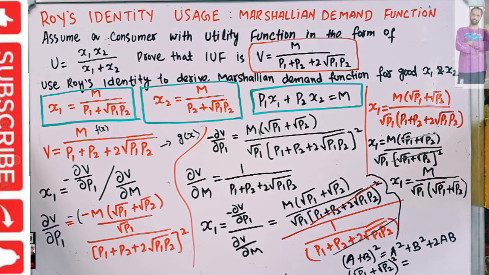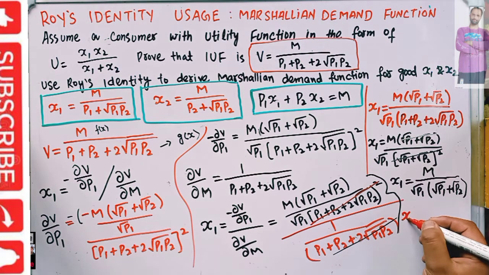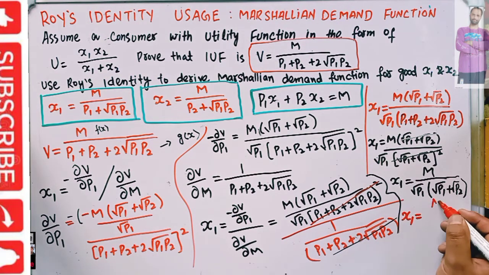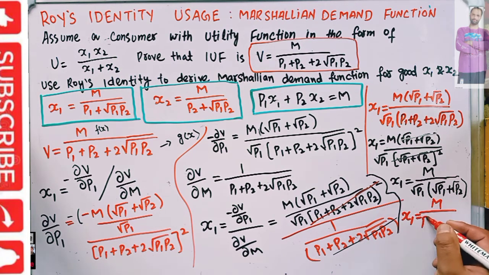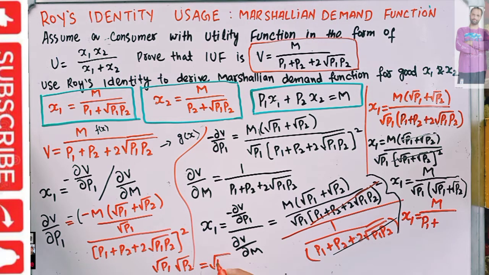If we further simplify this, we will get x1 is equal to m divided by under root p1, plus under root p1 into under root p2, which can be easily written as under root of p1 into p2.